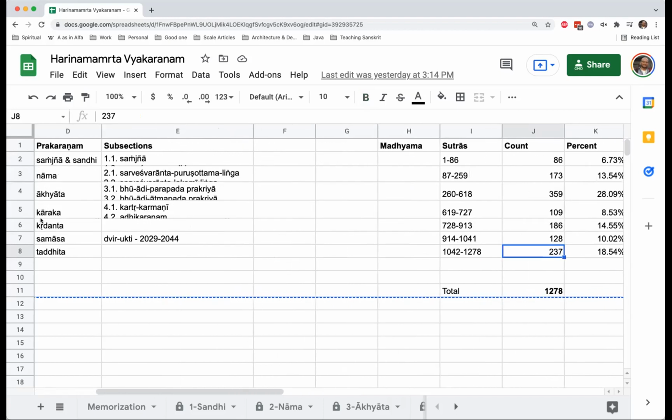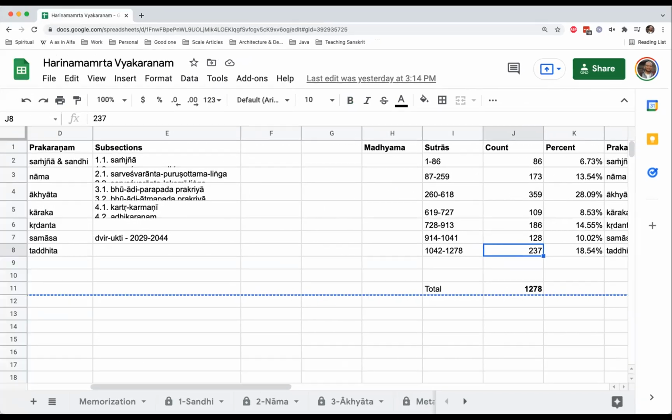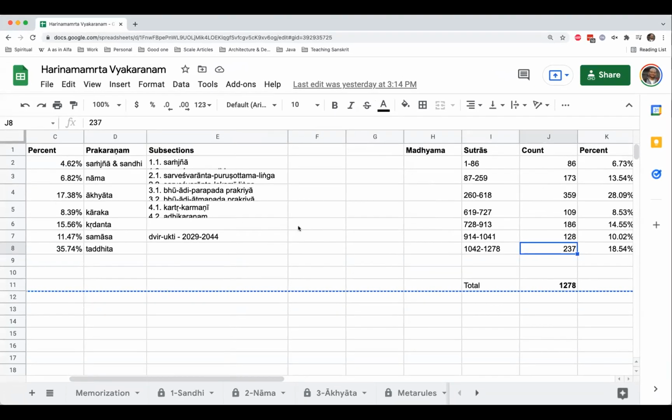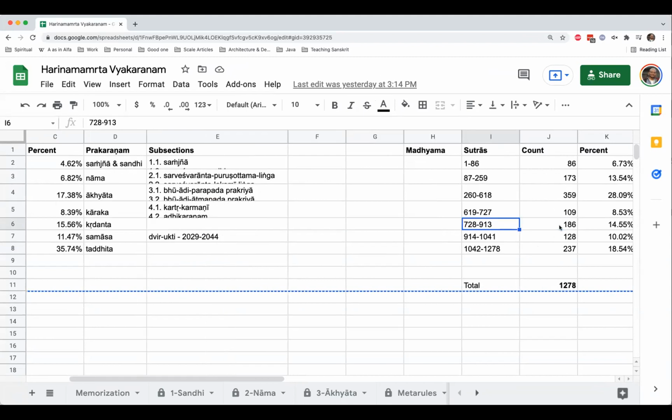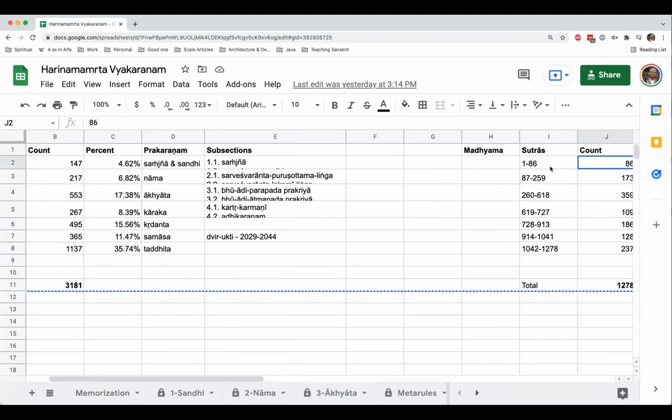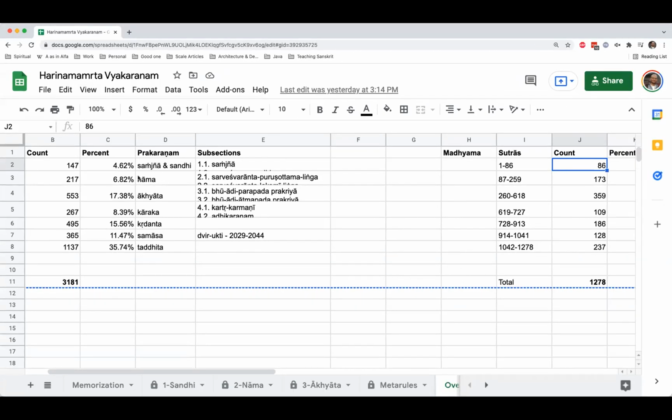I'm going to make it a little bigger so you will have a side-by-side comparison. Then you have the Sandhi, which is reduced from 147 to 86 sutras, and the Nama from 217 to 173. Almost most of them are there; some exceptions are removed.